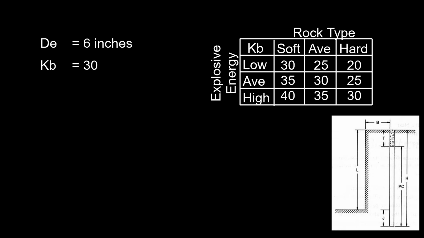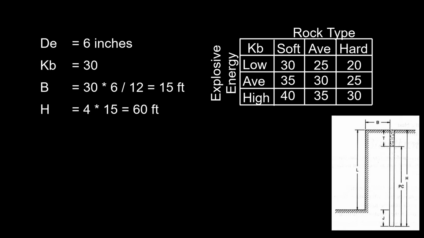Once we know these variables, we can calculate burden by multiplying our KB factor of 30 by our hole diameter of 6 divided by 12. That will give us a burden of 15 feet. Once we know our burden, we can determine our borehole depth by taking a depth factor of 4 times our burden, which will get us a borehole depth of 60.